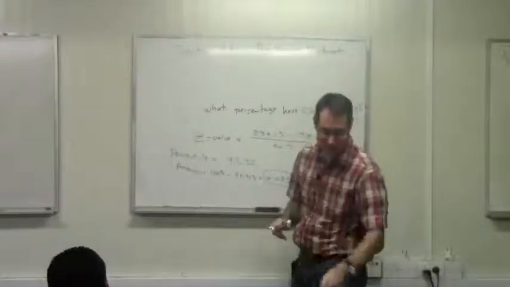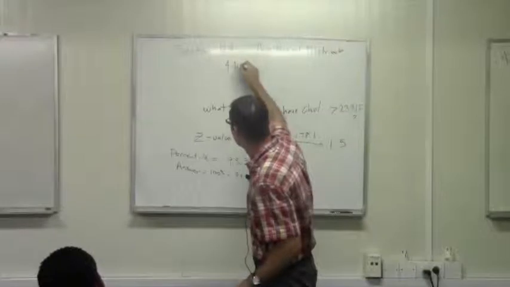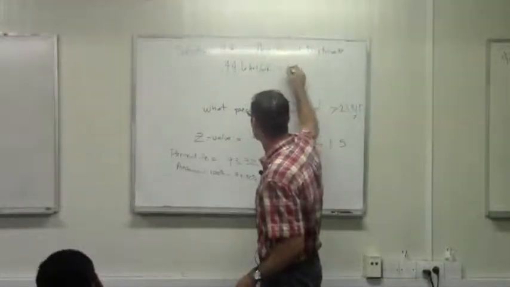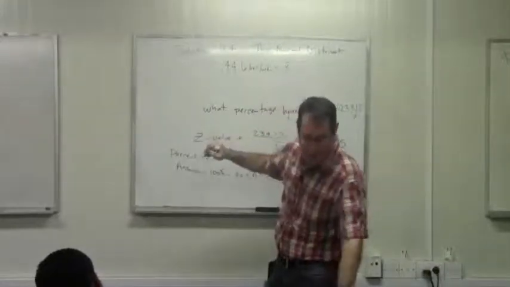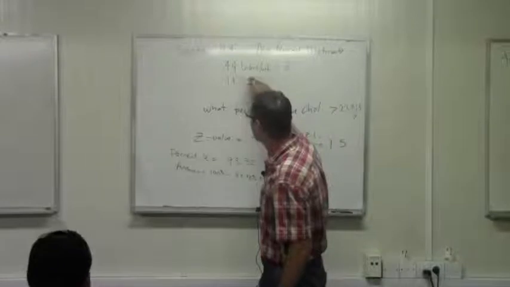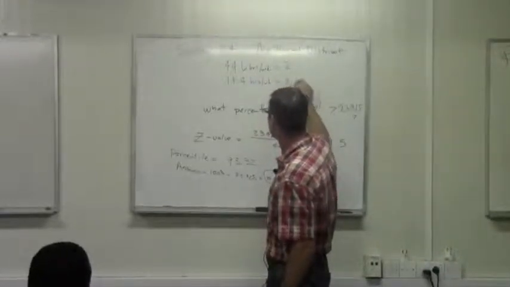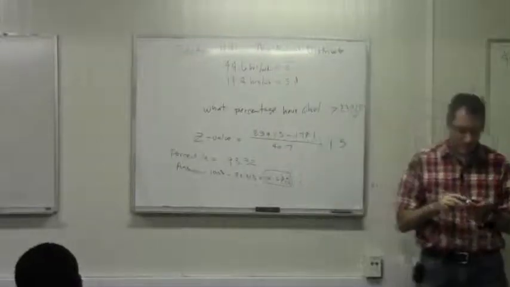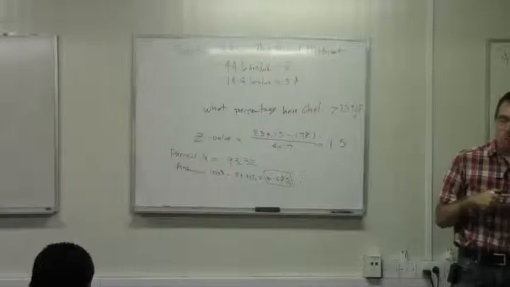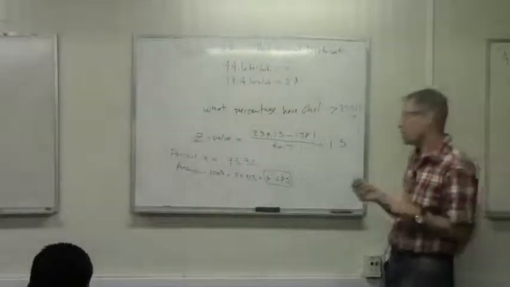So 44.6 hours per week equals the average. And 14.4 hours per week equals the standard deviation. I want to know what percentage of individuals work between 21.56 hours and 69.08 hours.